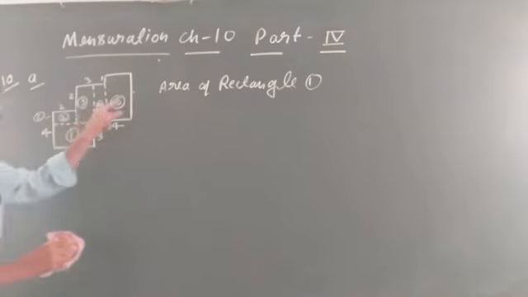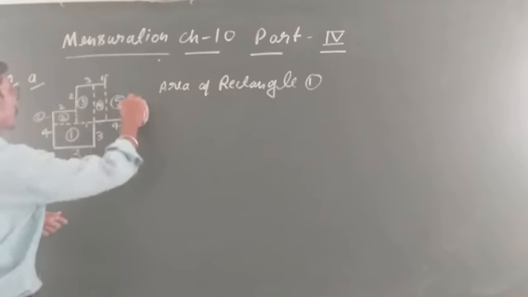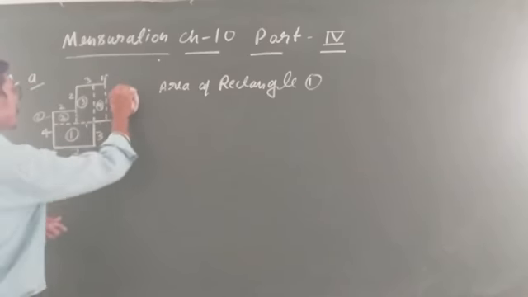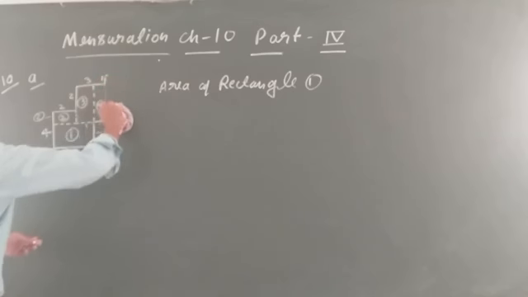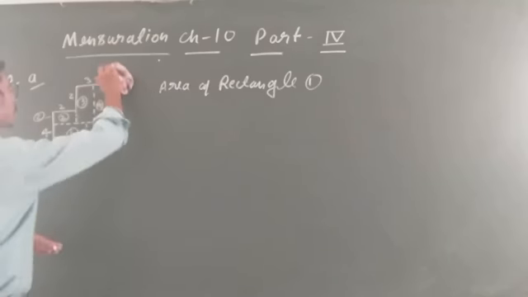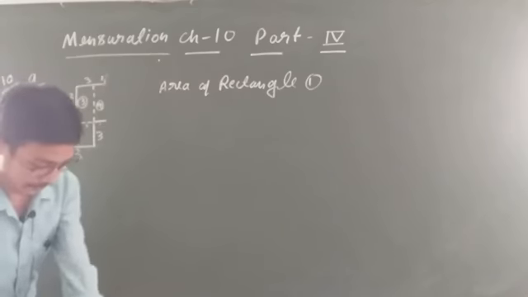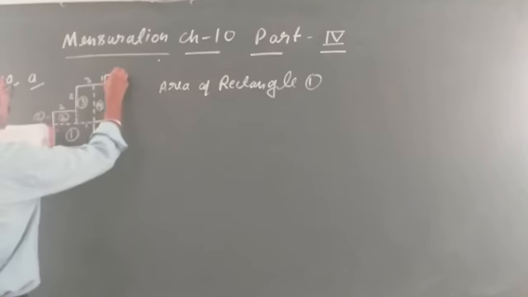Dear students, there is some mistake in your diagram. Clear? Here, there is some mistake. So you have to draw the diagram very carefully, student. Otherwise, you will also make a mistake, because you have to divide it into parts. Clear?